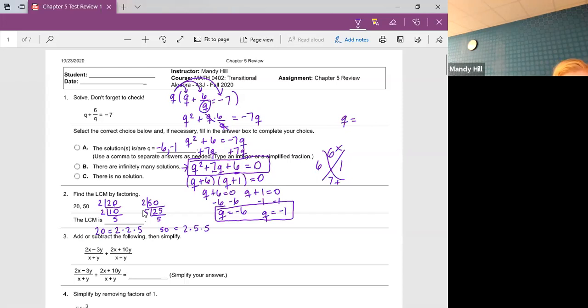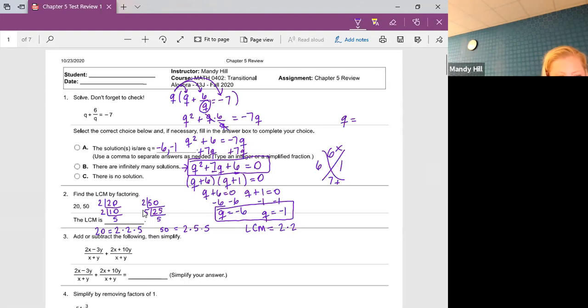Okay, so to find the least common multiple, you want to list it the most amount of times it's listed in either group. So I'm comparing this group, 2 times 2 times 5, to 2 times 5 times 5. The most amount of times a 2 is listed, it's listed twice over here and once over here. So the most amount of times it would be listed in either group would be 2. 2 is bigger than the one time it's listed over here.